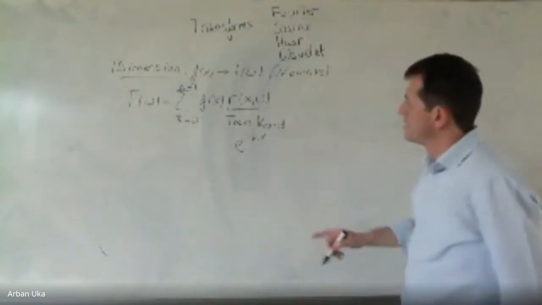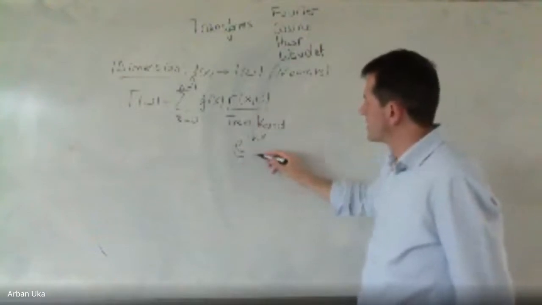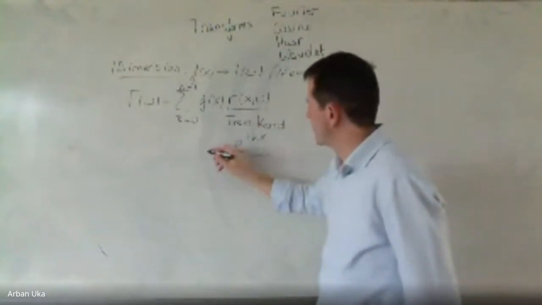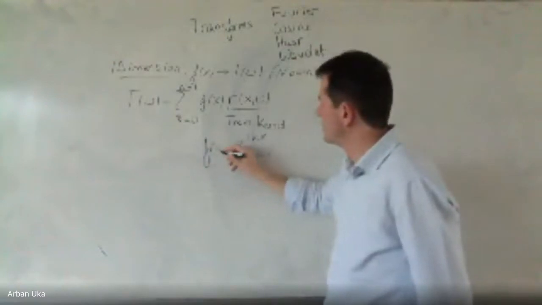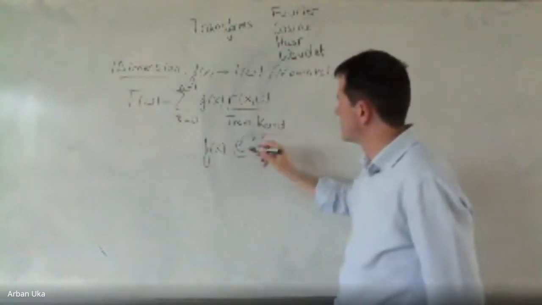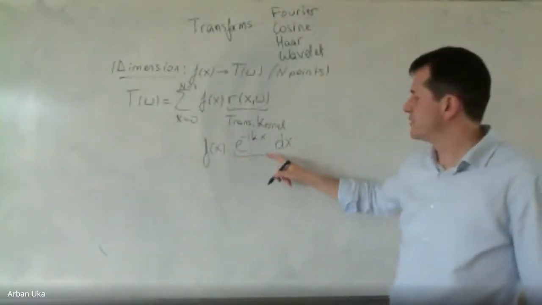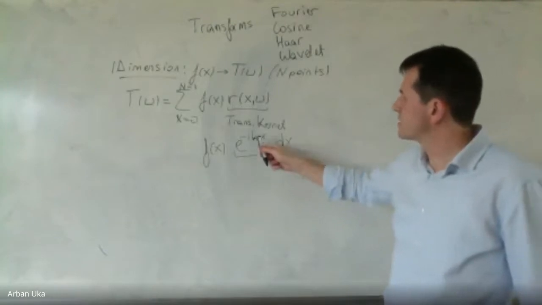This e to the power ikx is the kernel which enables the transform from the x domain, and we multiply here with f of x, with a minus dx. Probably you have seen this very often. Okay, so this is the kernel.